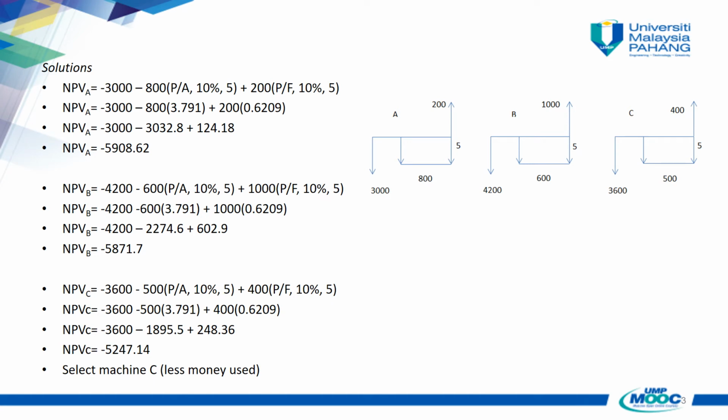Let's see the solution. From this solution we will see that the NPV or present worth for A is 3,000, directly calculated.